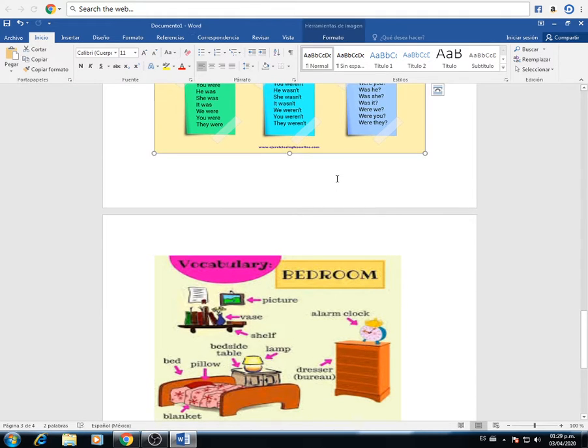And we can look at, for example, an example.